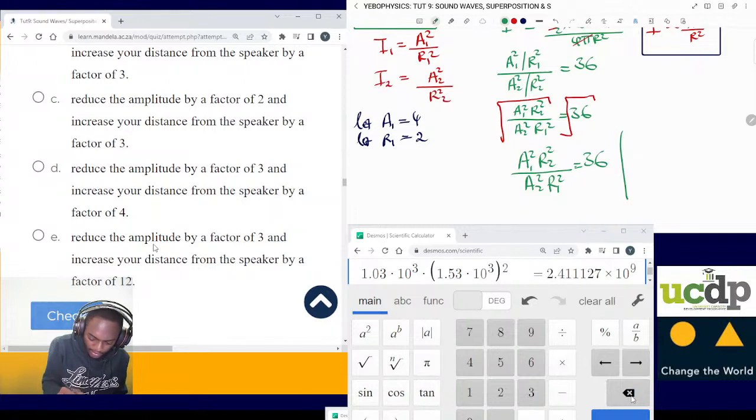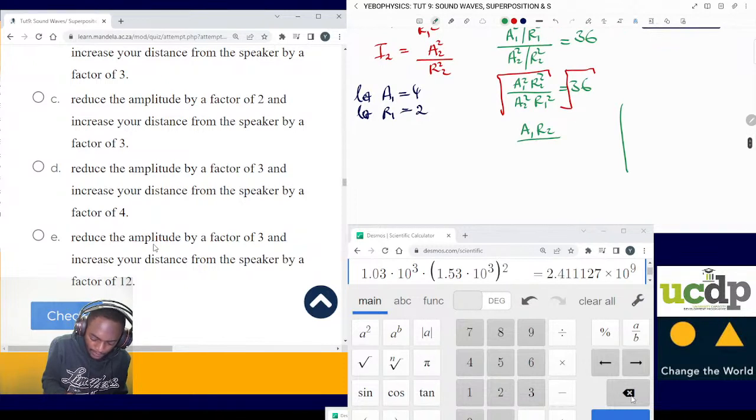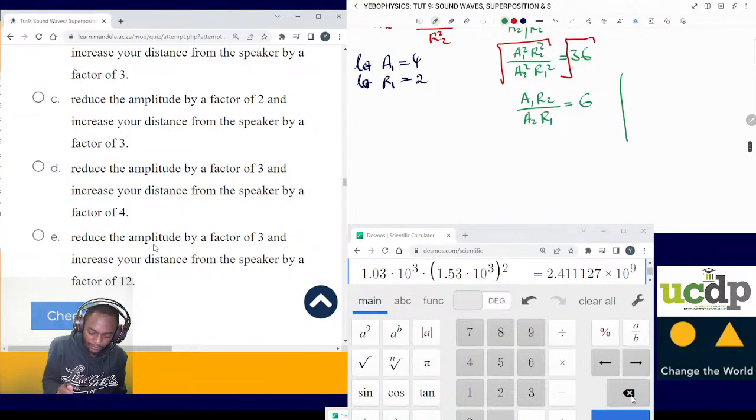We've already applied the square root, so this should be A1 R2 over A2 R1, which is equal to 6. The square root of that should give us 6.